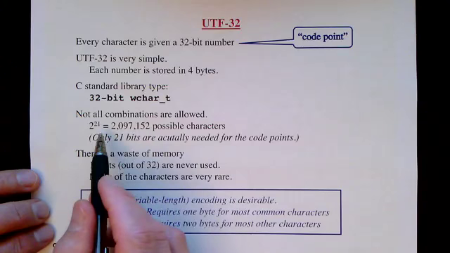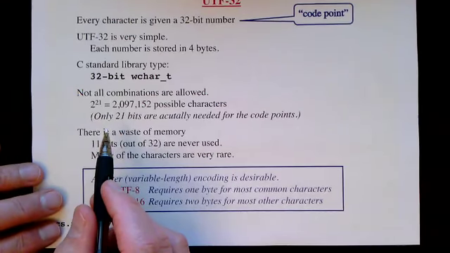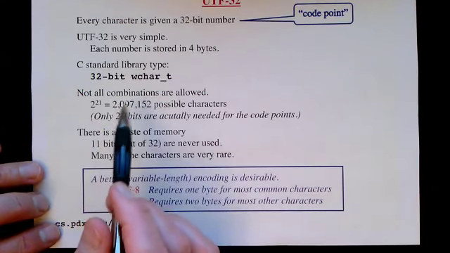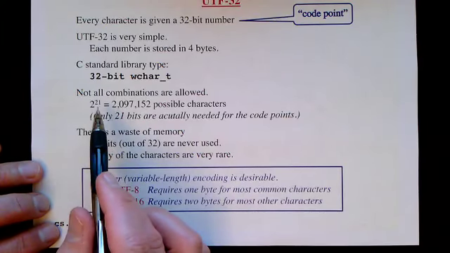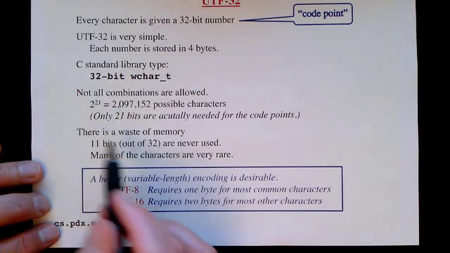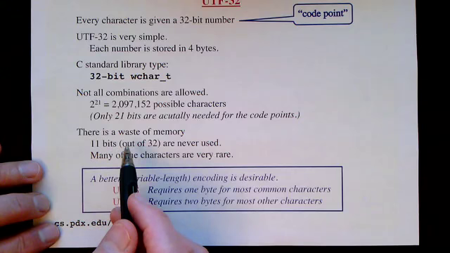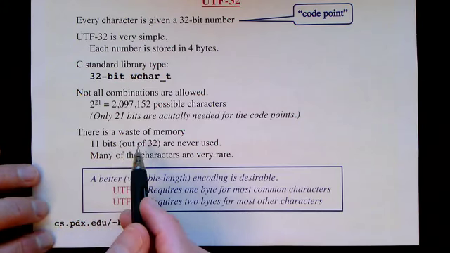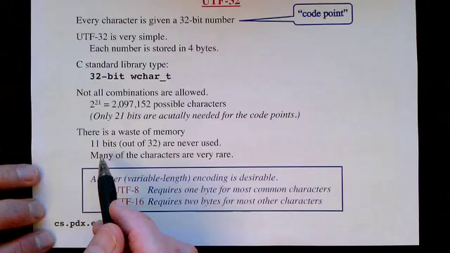So we actually only need 21 bits to encode each character. And so right off the bat, this UTF-32 encoding we can see is wasteful. If we only need 21 bits per character and we're using 32, then clearly we're wasting 11 bits out of every 32 bits. So this is a pretty significant waste.